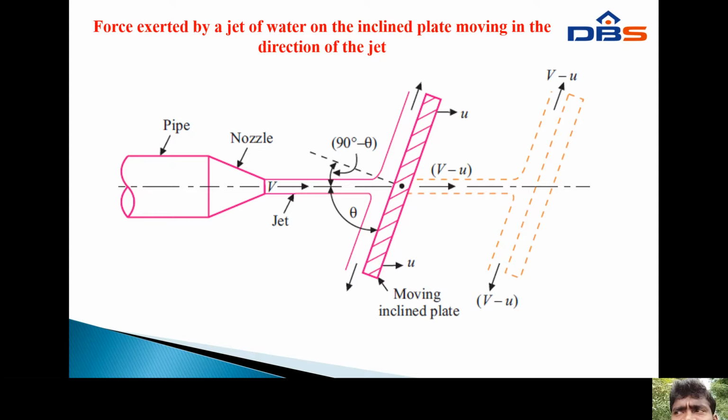Pipe, nozzle, and the jet velocity v, and the inclination angle equal to 90 minus theta, and the relative velocity equal to v minus u. The distance the plate moves is u.